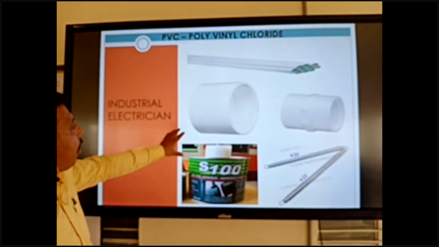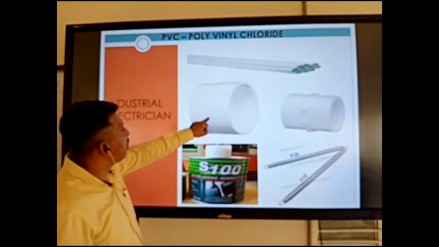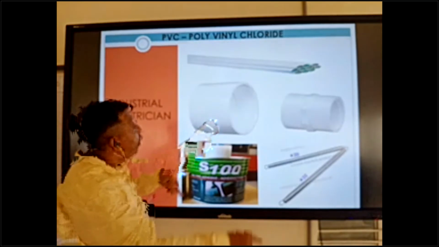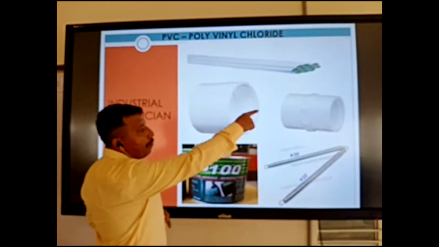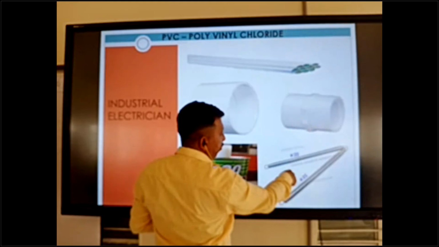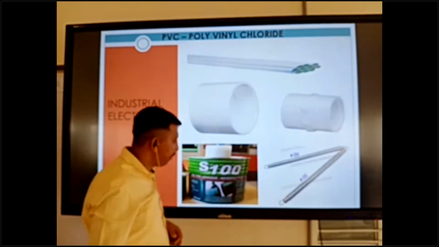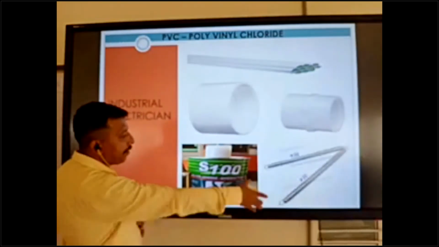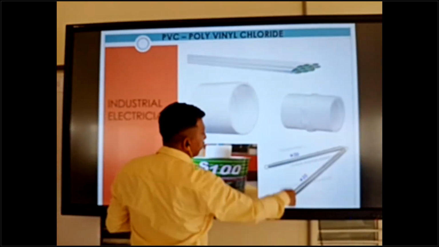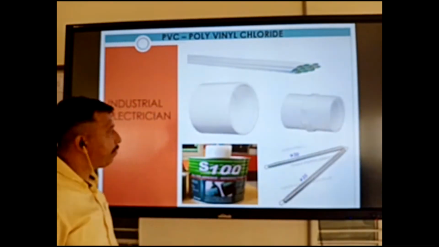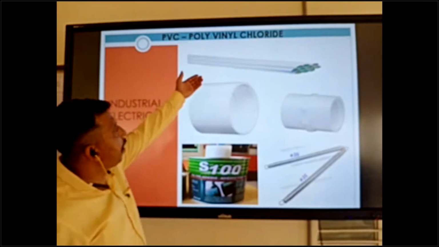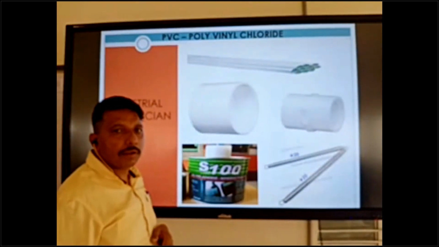I hope all of you are clear. Take the names: PVC coupler, PVC adapter, PVC pipe spring bender. You can write in your notebook, and this is the PVC pipe.